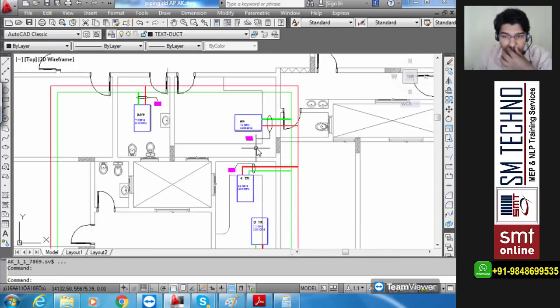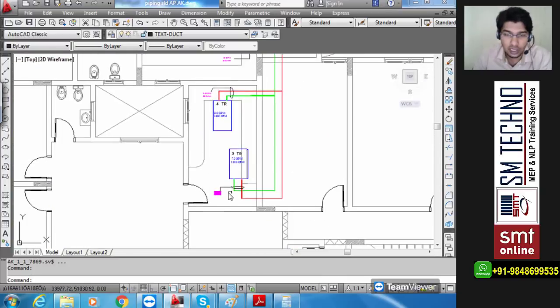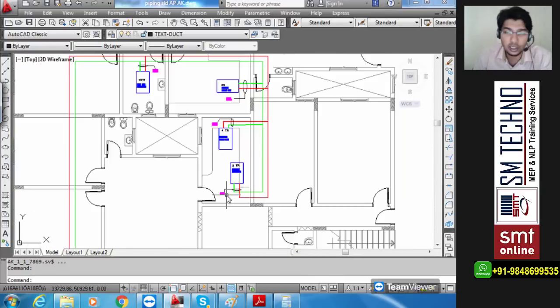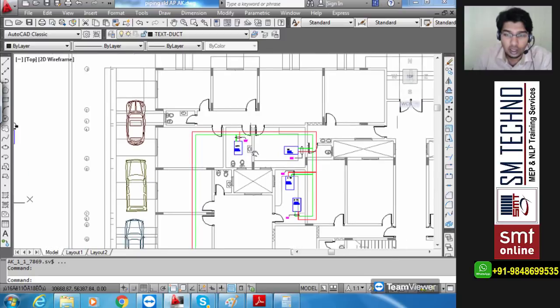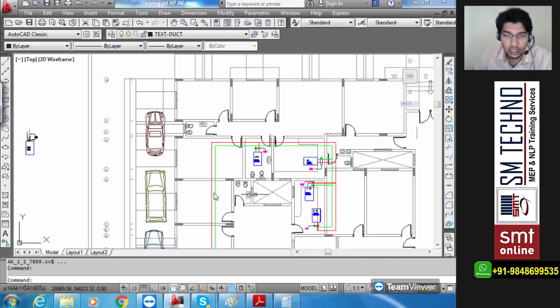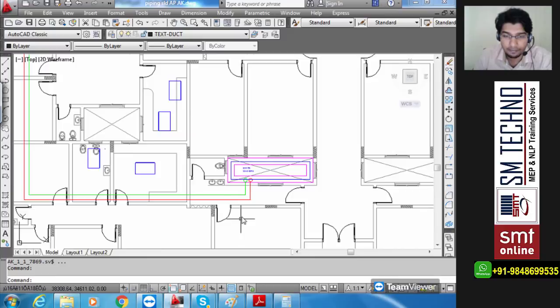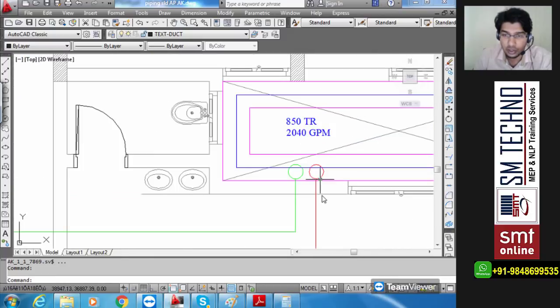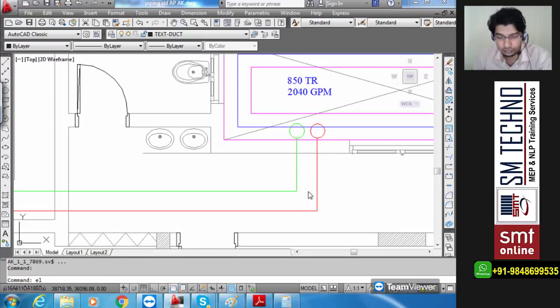Okay, so we have three similar pipe sizes. Only the last one is 25 mm. Clear? Now, what would be the actual size of my riser as per 2040 GPM?